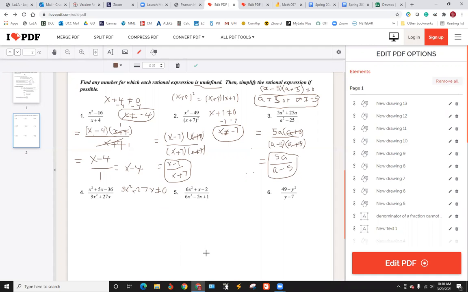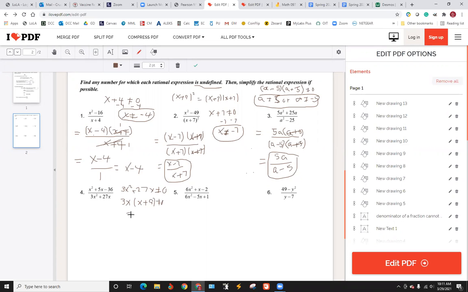All right. Anybody come up with anything on number 4? It's just like what we did over here in the numerator. There's a greatest common factor, and it's 3x, and x plus 9.